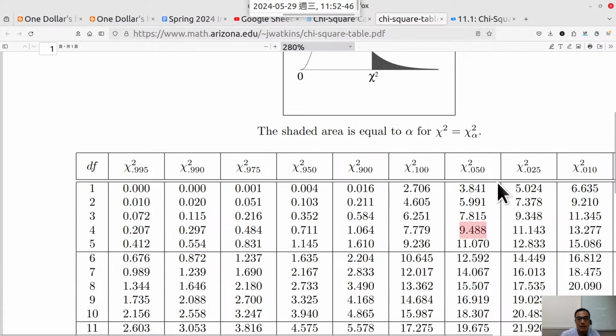We set the chi-square value at the level at 5%. 5% is 0.05. Then degree of freedom, that is 4. And check it. Got it? 9.488. Yeah, here is the critical value.